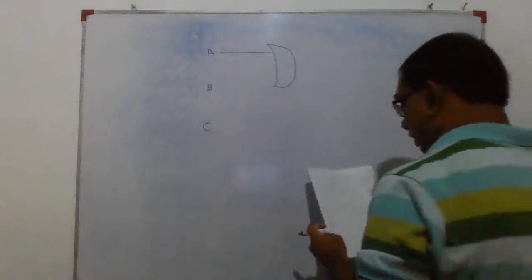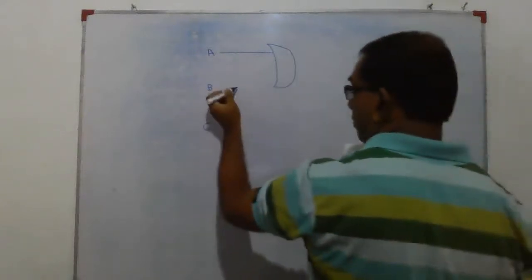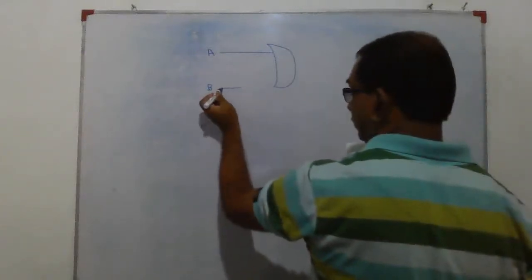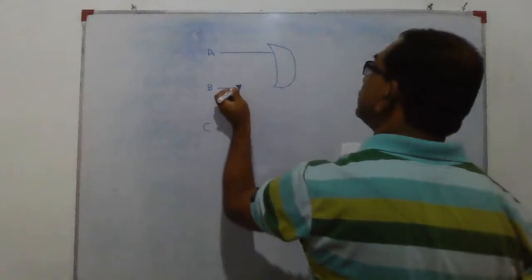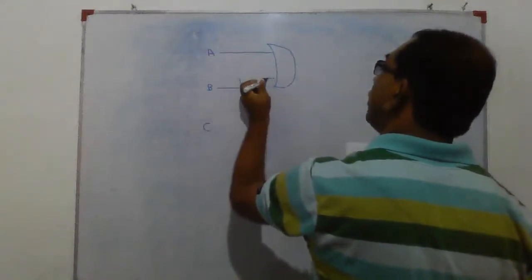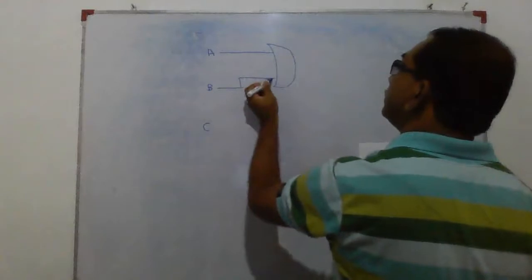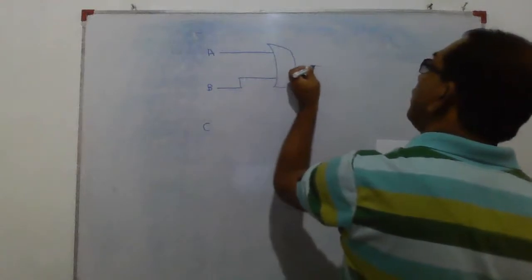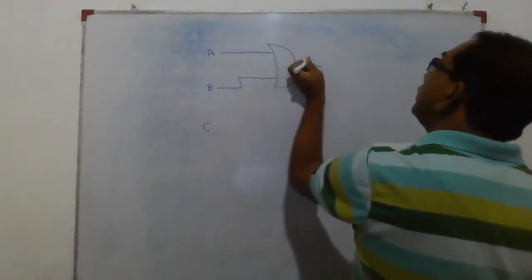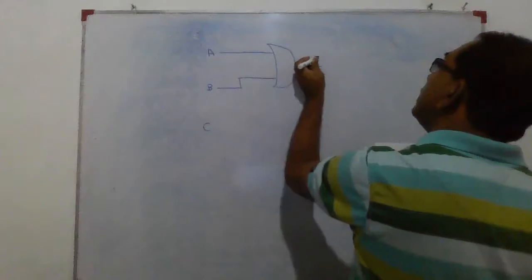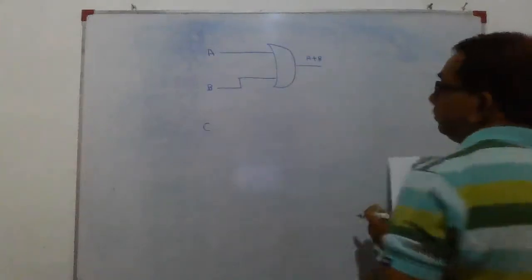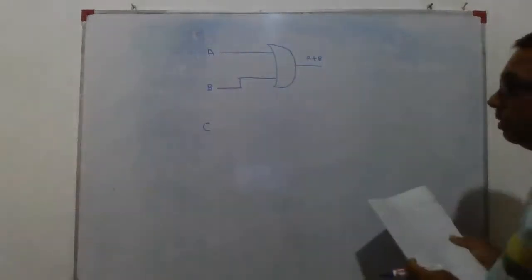That is the input here. From B, there is an input to the OR gate. So the outcome says A or B. Outcome is A or B.